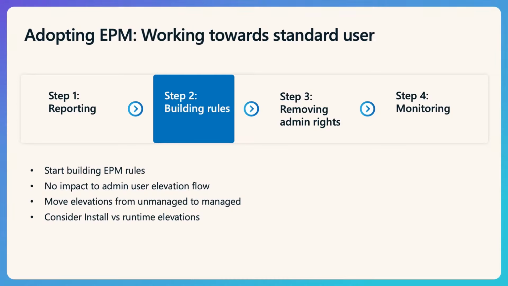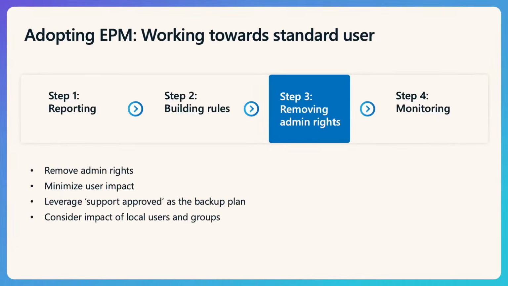So it's a good idea to have a rule for it, so the end user doesn't have to ask for permission every time they need to run something elevated. That brings us to step number 3. That is starting to remove your admin rights. This has a minimum user impact, but it still has a user impact because they cannot do what they were used to do, as they're no longer a local admin on their device.